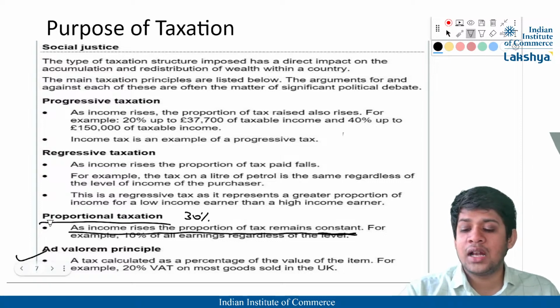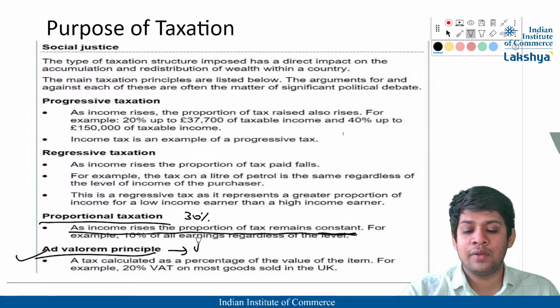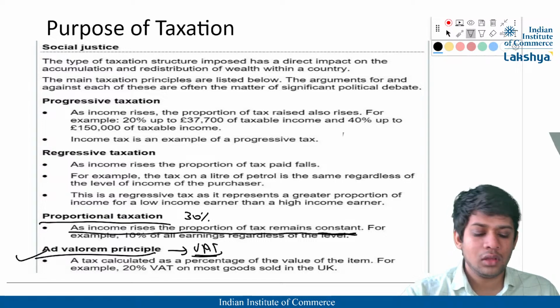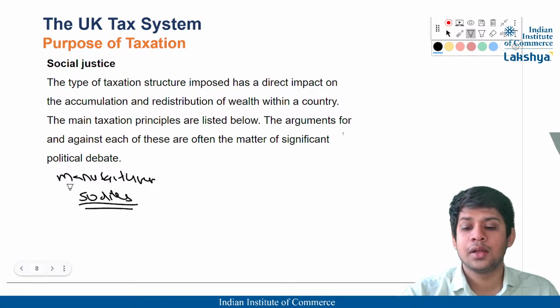Okay? Then the last one is the ad valorem principle. What is the ad valorem principle? The ad valorem principle is about VAT. Okay? Maybe say there is a manufacturer who is producing sodas, or you can say pops, right?